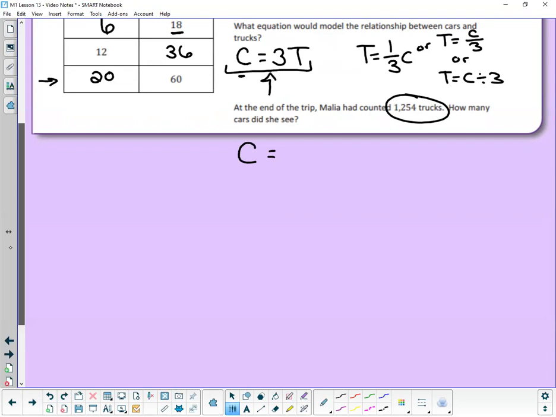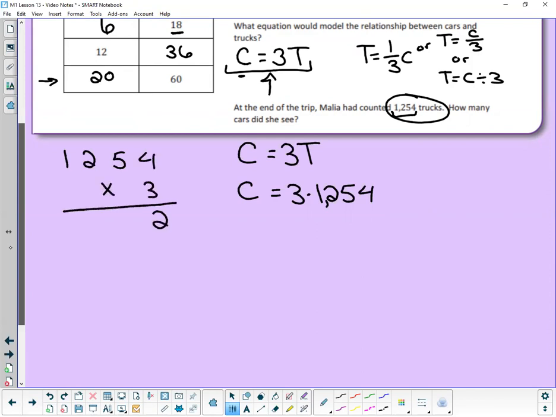What do I do to the number of trucks? I multiply it by 3, 3t, which means that what I'm going to do is, this is called substitution, 3 times the number of trucks you saw, 1,254. So I'm going to do 3 times 1,254. And very, very neatly, 1,254 times 3.